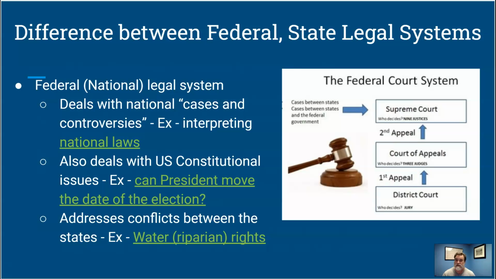These are serious issues. These are big policy questions, and the national government decides those kinds of cases. So the national government considers issues involving federal laws and national cases and controversies. It deals with U.S. constitutional questions and then addresses conflicts between the states.